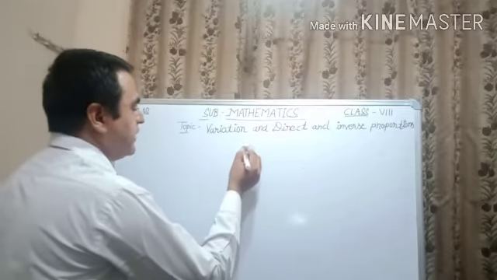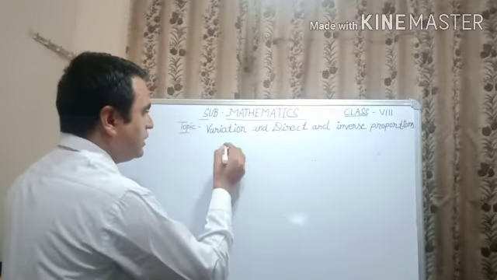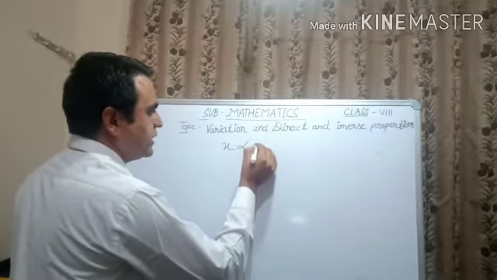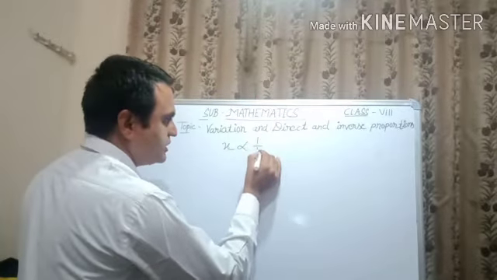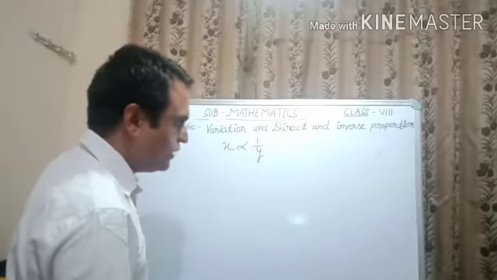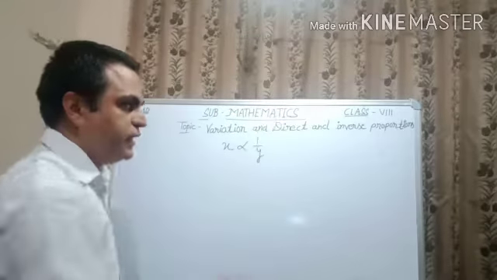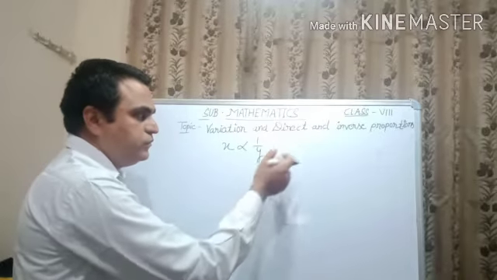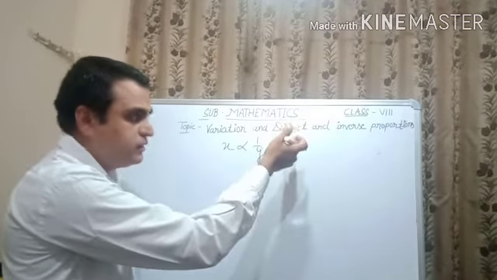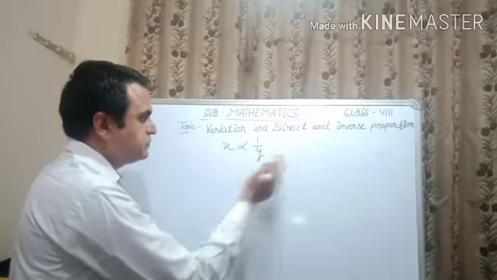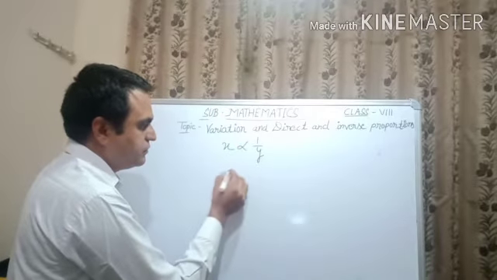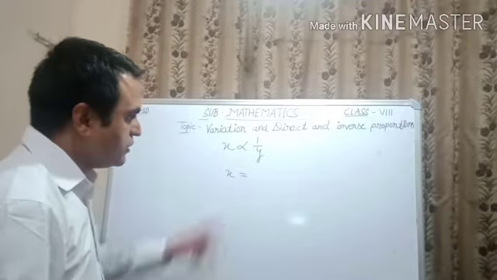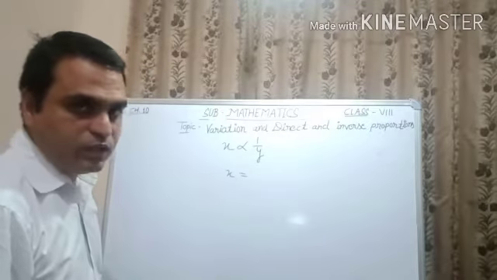Let us suppose x and y are in inverse proportion, so we write x is inversely proportional to 1 upon y. Same as direct proportion or variation, this proportion sign is converted into an equal to sign.